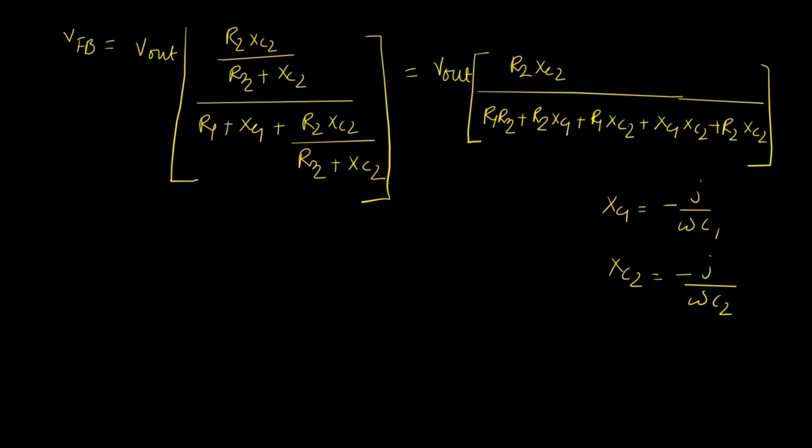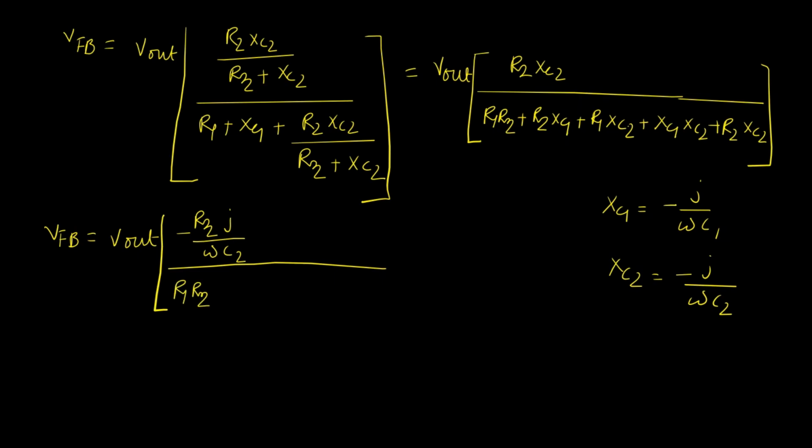So putting the values of XC1 and XC2 in the equation, we can write VFB equals V out into R2 into minus j by omega C2 by R1 R2.